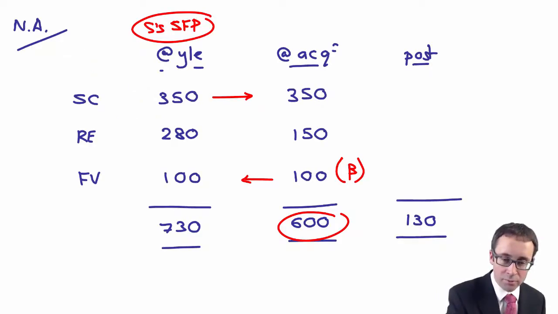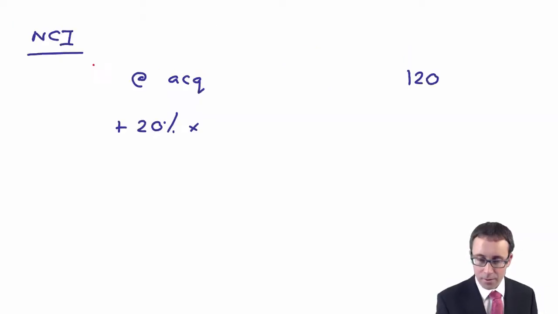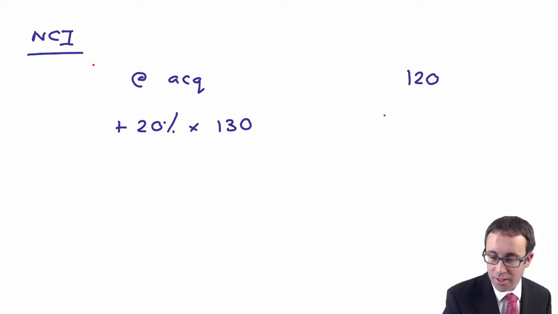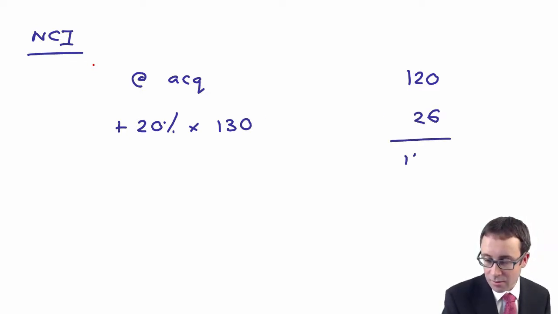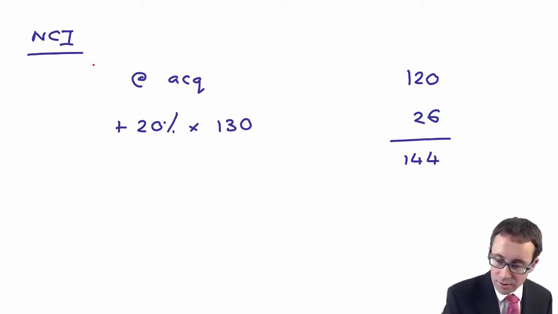And those post-acquisition profits are 130. 20% of 130 is 26, which gives me NCI of 146.